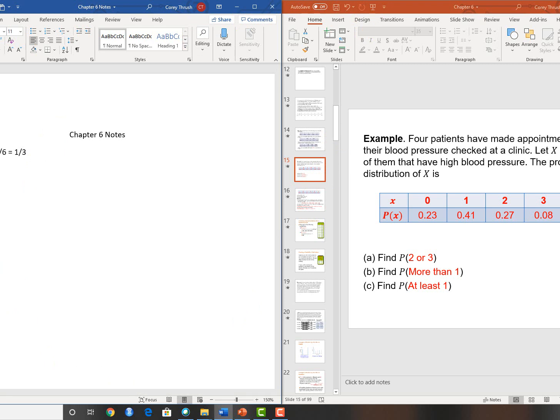So for A, probability of 2 or 3, well, these are mutually exclusive.